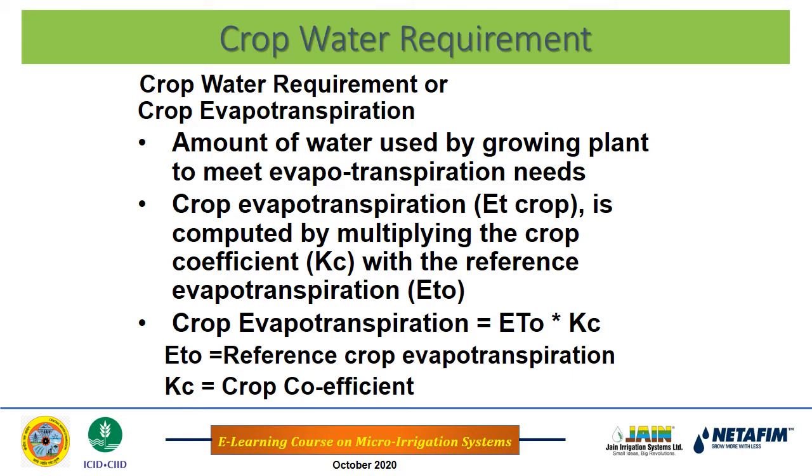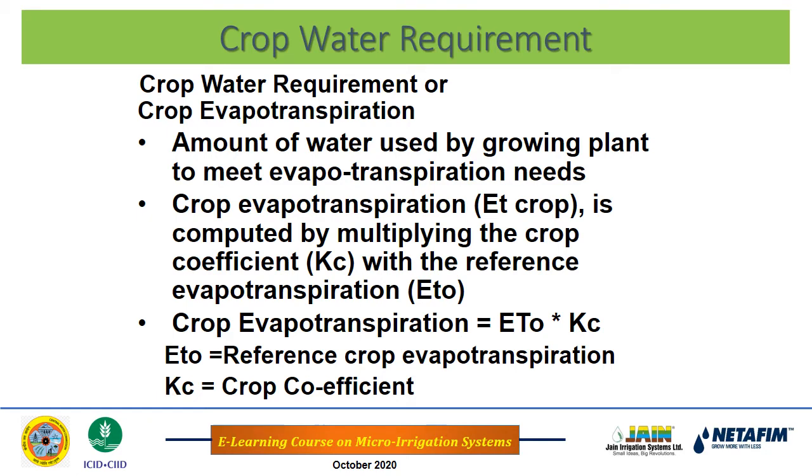So both of these, evaporation and transpiration, count, and it is named as crop evapotranspiration. So that is the amount of water used by a growing plant to meet evapotranspiration needs, that is evaporation needs and transpiration needs. Then crop evapotranspiration is computed. How is it computed? It is computed by multiplying the crop coefficient with the reference evapotranspiration.